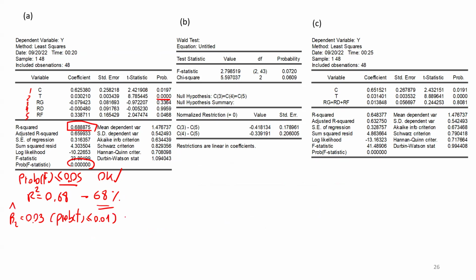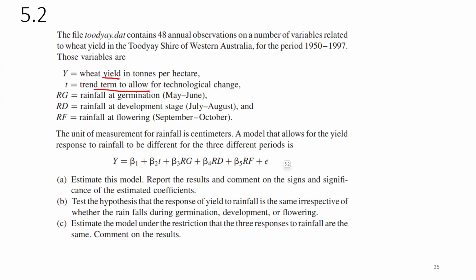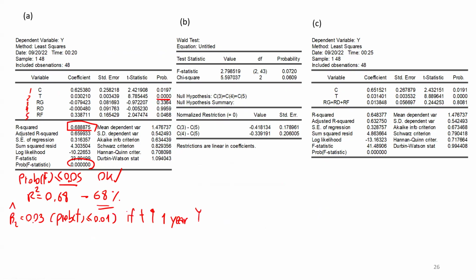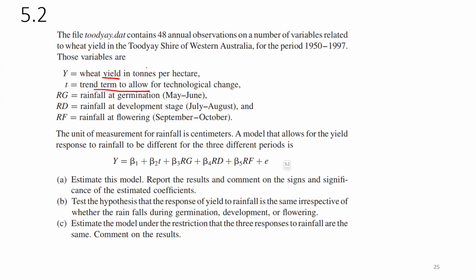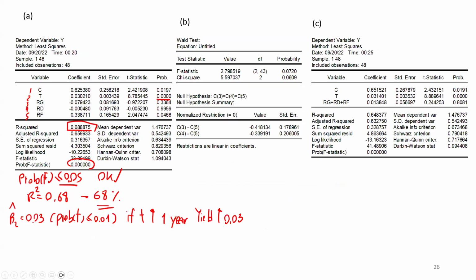So each time change 1 year, if time changes by 1 year, which means yield increases 0.03 in the unit of tons per hectare.